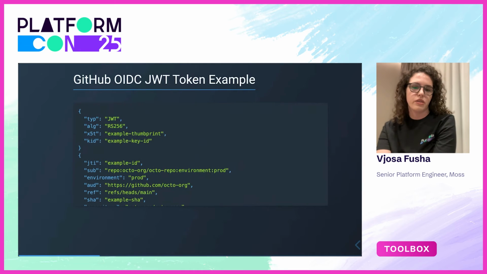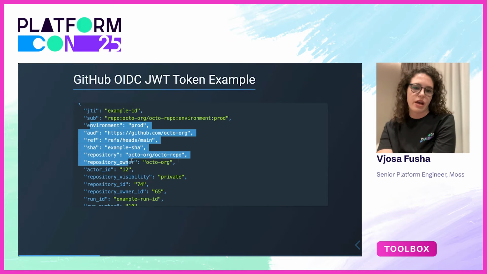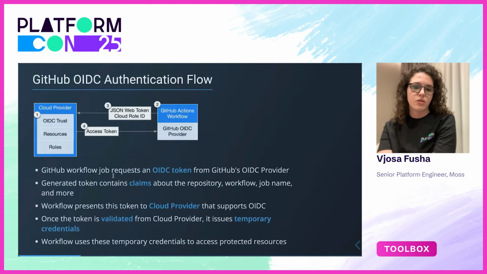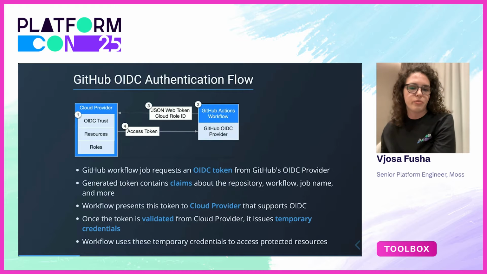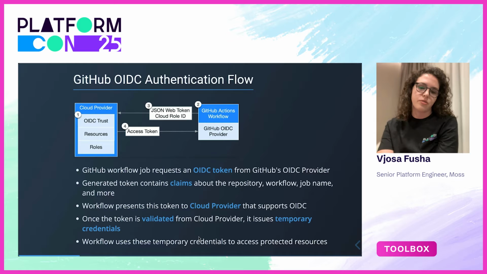We can see actually what this token contains in this example, which has a lot of information. Once the workflow presents this token to the cloud provider that supports OIDC, the cloud provider validates this token and checks the conditions based on these claims. Then it issues temporary credentials. Then the workflow uses these temporary credentials to access protected resources. This is just generally how it works.